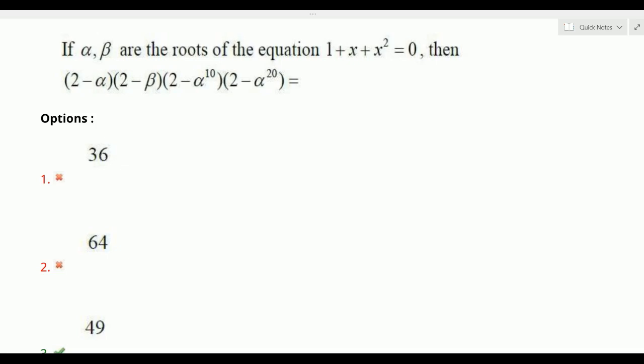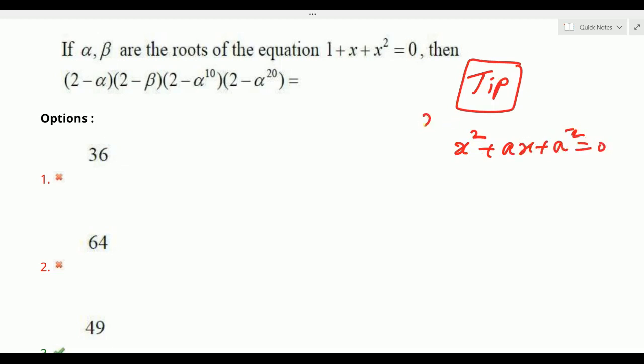Here I am giving a super tip. If the quadratic equation is of the form x square plus ax plus a square equals 0, the roots of this equation are a omega and a omega square.